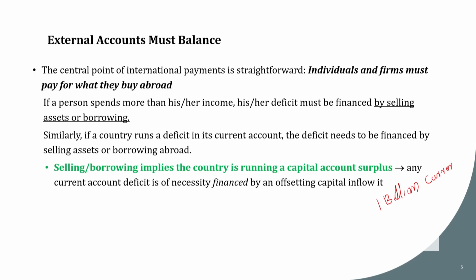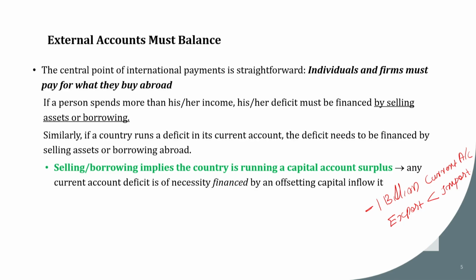That means exports are less than imports by 1 billion. If you translate this to layman's language, we are exporting less than what we are importing.